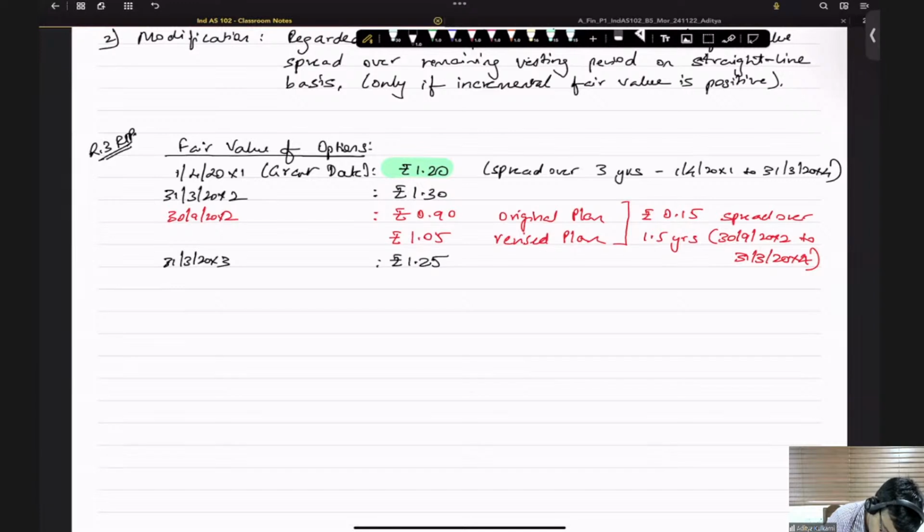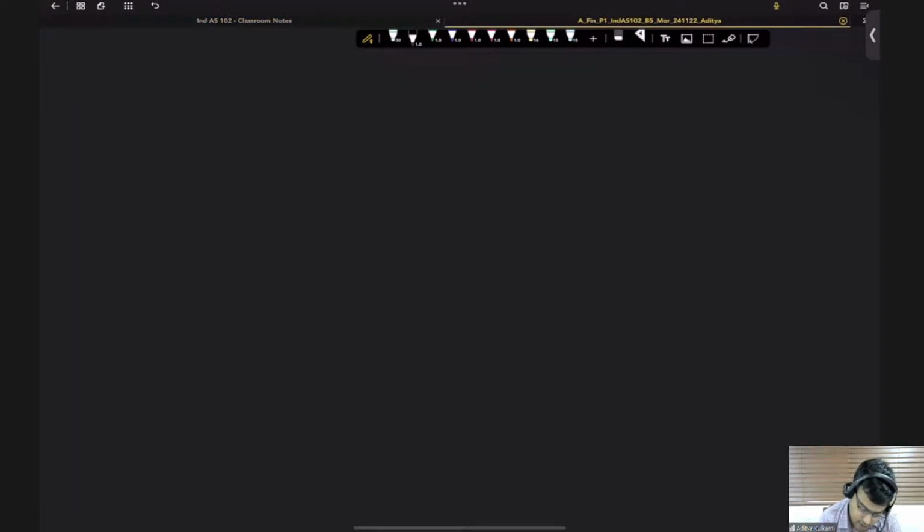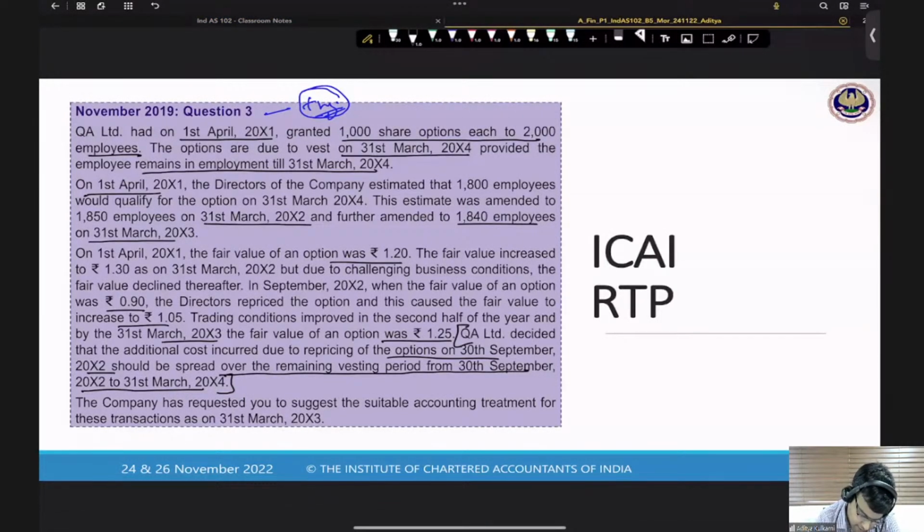We then move on to calculate EBE, calculation of employee benefit expenses. What is the question that they have asked? The company has asked you to suggest the suitable accounting treatment for the transactions as on 31st March X3.